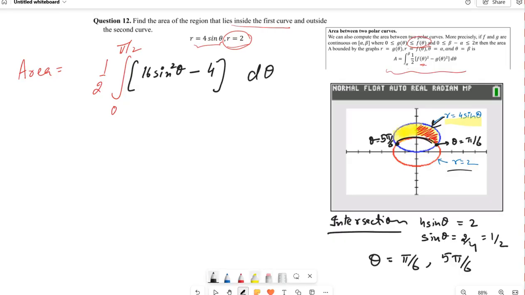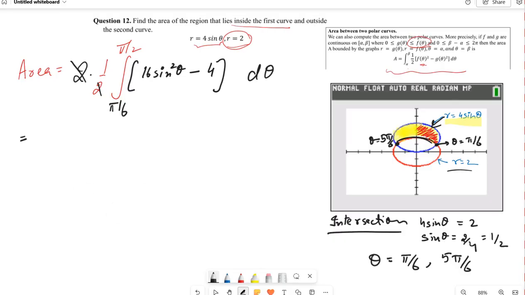But now I'm only integrating not from 0, but from pi by 6 to pi by 2. And that is only the red area. But I need to find the whole highlighted area. For that, I need to multiply this by 2. And this 2 and this half are going to cancel each other. We only need to find the integral to find the area.